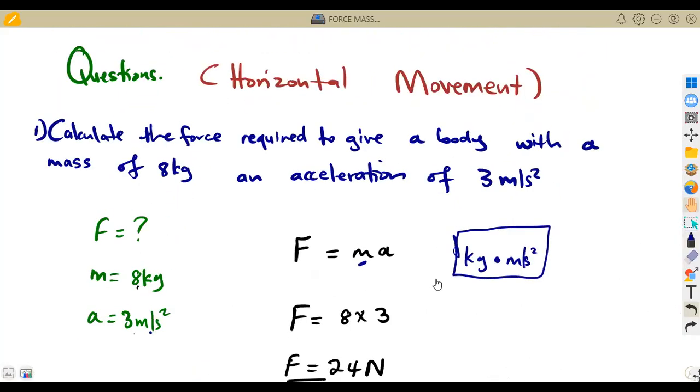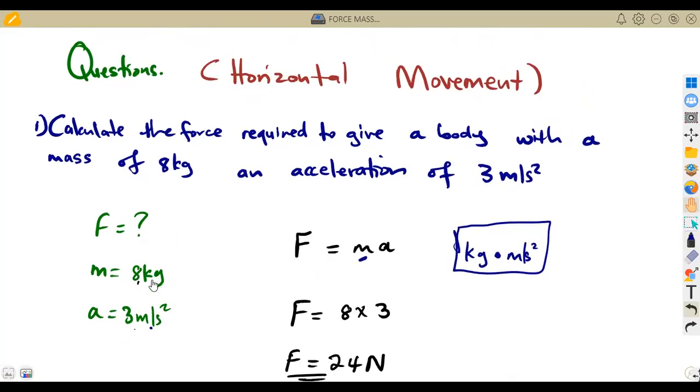We have to change 8 kg to be in a newton. On this one, the moment you multiply these units here, the kg by meters per square second, it's actually an equivalent of what? Of a newton.